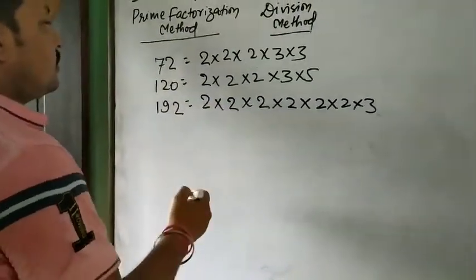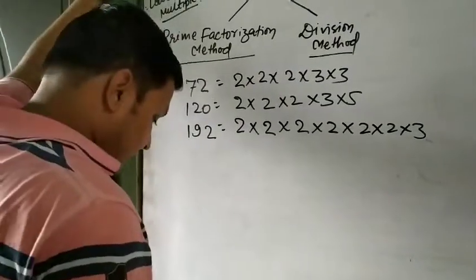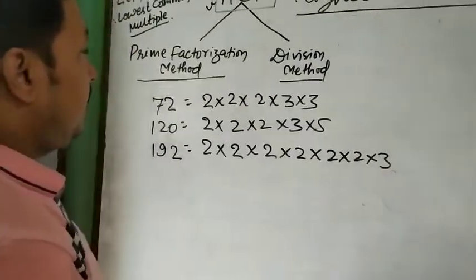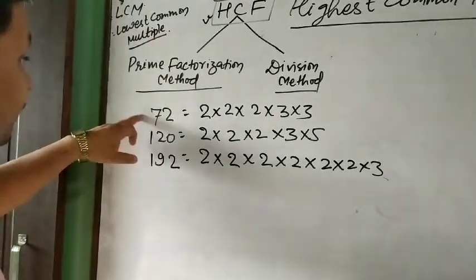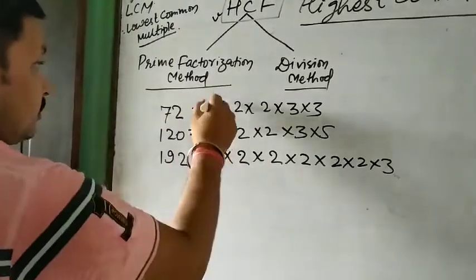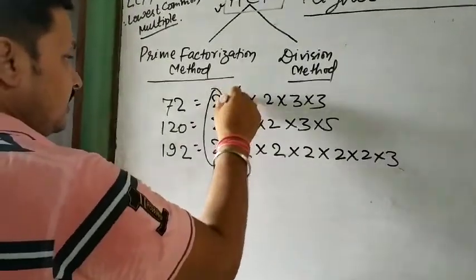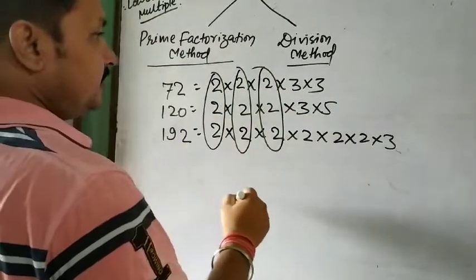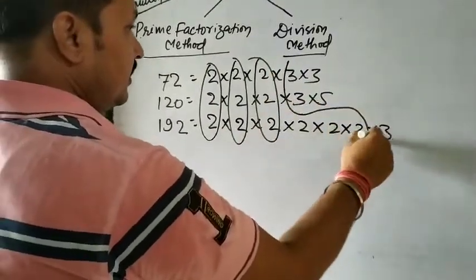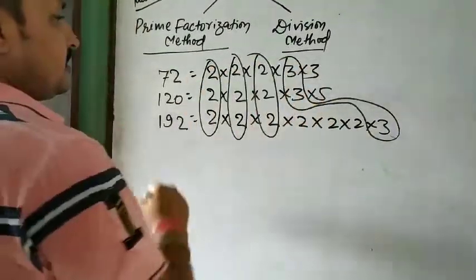Okay? So, in the HCF, common factors are present in every 3 numbers. So this and this.